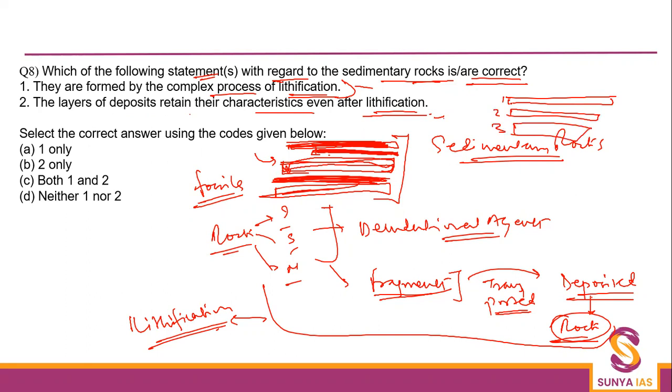So all three layers would have different characteristics, and they retain their characteristics even after the lithification process. Yes, if the sedimentary rock system is changing into metamorphic rock, when metamorphism takes place, many a times it is seen that the layers change their characteristics.